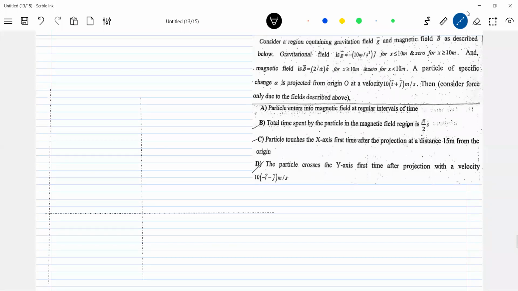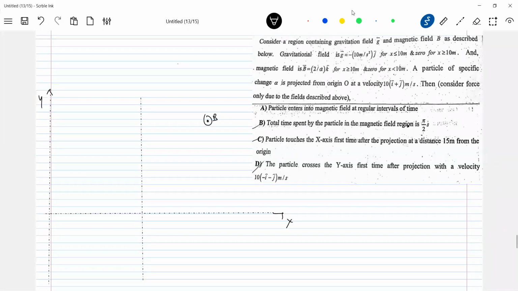This is the boundary. So I'm going to positive y-axis, negative y-axis. So this will be the positive y-axis, and let this be the x-axis. Let's take a simple coordinate system, and B bar is 2 by alpha k cap. B bar means out of the plane. So here B bar will be in this region.